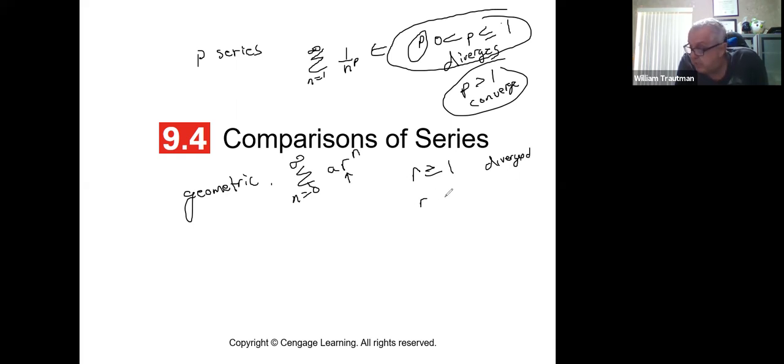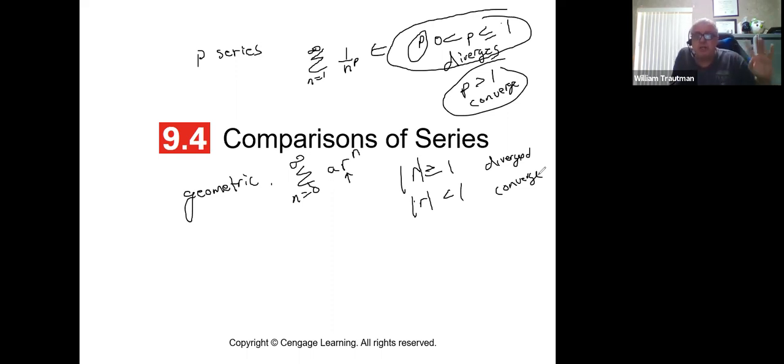And if r was less than 1, oh, by the way, it's not only r, but the absolute value of r, then it converged. So these are theorems from section 9.3.